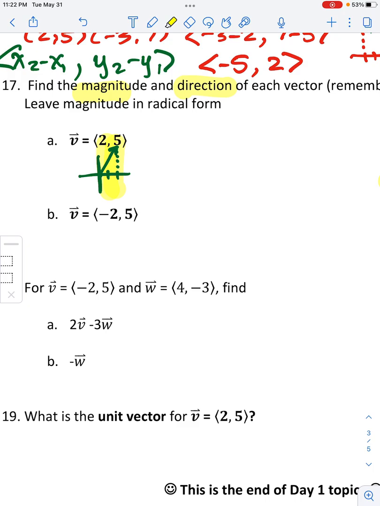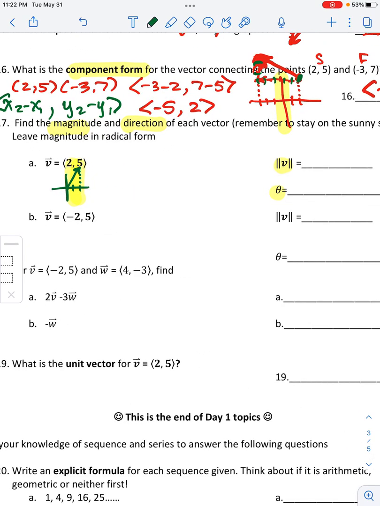So when it comes to finding direction, you're going to be good to go. It's very much like polar. We're using the same kind of concept. The magnitude, if you look in your notes, is going to be the square root of that x part squared plus the y component squared. Now it's going to be written different. It probably looks like this: v sub x squared plus v sub y squared.